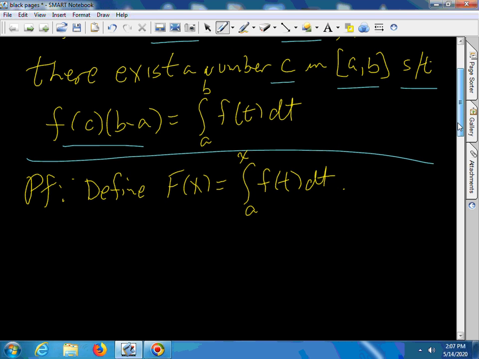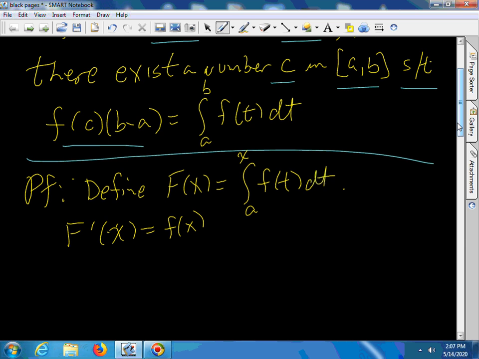Now, the first thing I would note is that F prime of x is equal to f of x, little f.